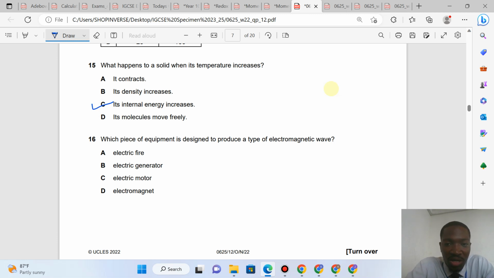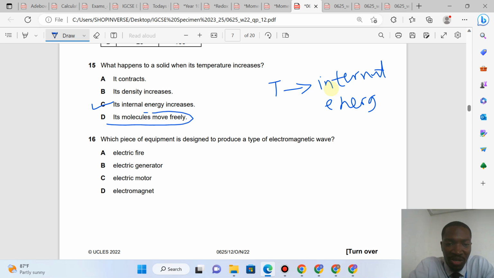Because temperature is a measure of the total internal energy of a body. So when you are increasing temperature, then you are increasing the internal energy. If the question was talking about melting, then you can say the molecules move freely, because during melting, molecules begin to move freely. But when you talk about internal energy, then we are talking about temperature.